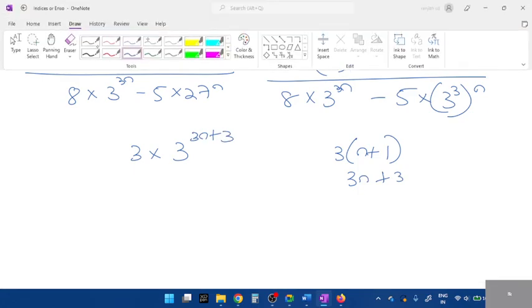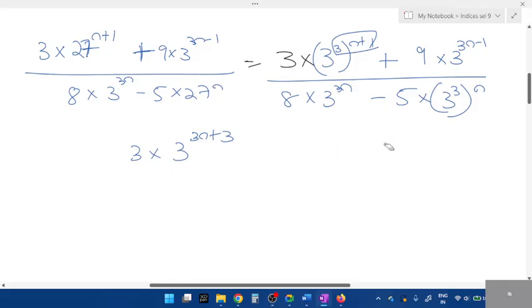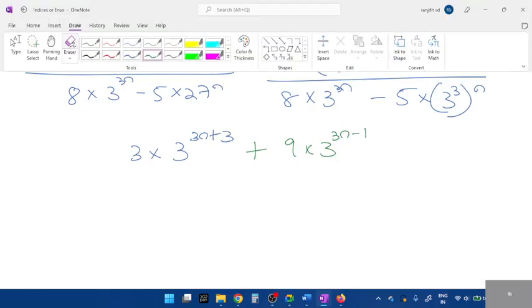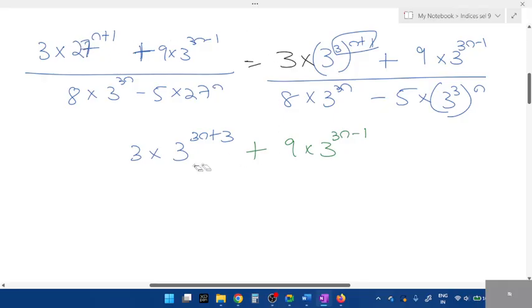Clear? Next, plus 9 into 3 into 3n minus 1. See, I'll write it as 3 square itself.